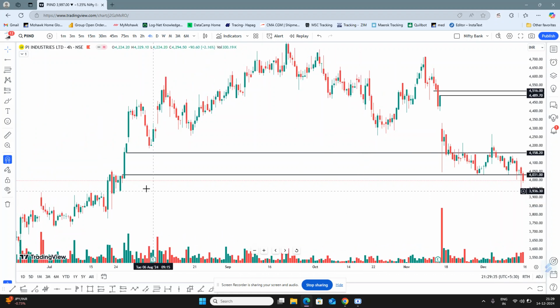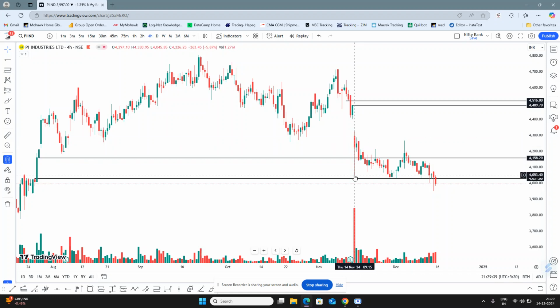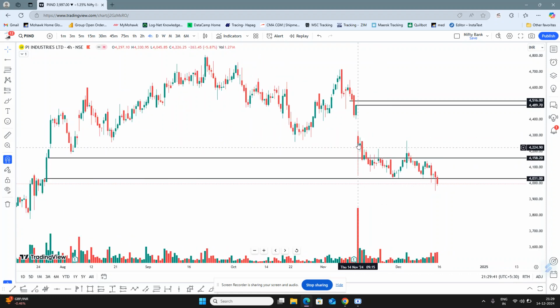So it is a very crucial point. This is first touch here. When it does there it jumps, it could not make any high, but I can clearly sense some trapping happening here. Look at this candle.